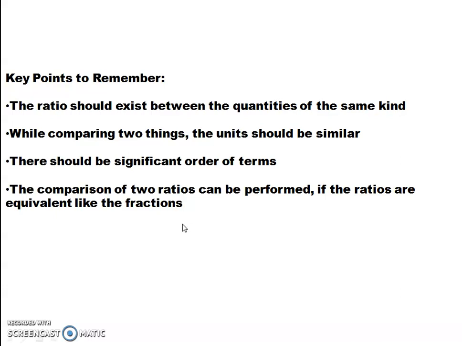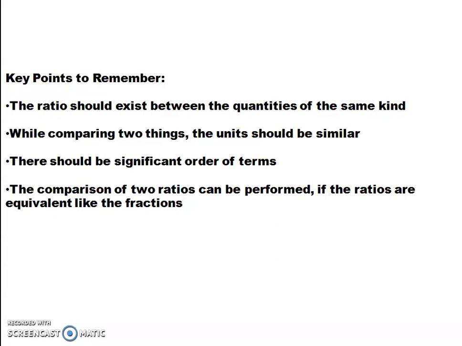That is what the third point says. There should be significant order of terms. So, don't write 2:1 instead of writing 1:2. The comparison of two ratios can be formed if the ratios are equivalent like the fractions.